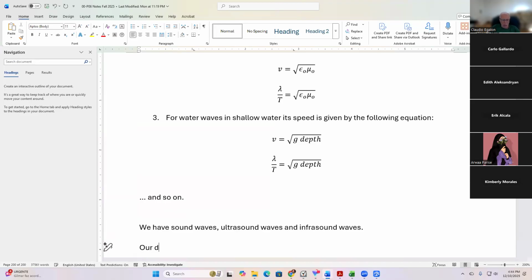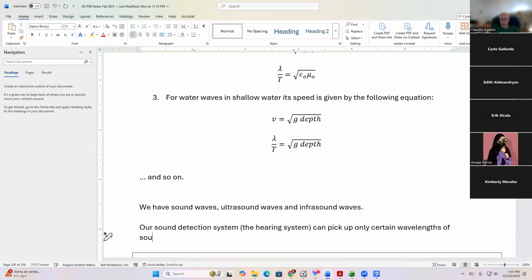Our sound detection system, the hearing system, can pick up only certain frequencies of sound, the ones that sit between 20 hertz and 20,000 hertz.